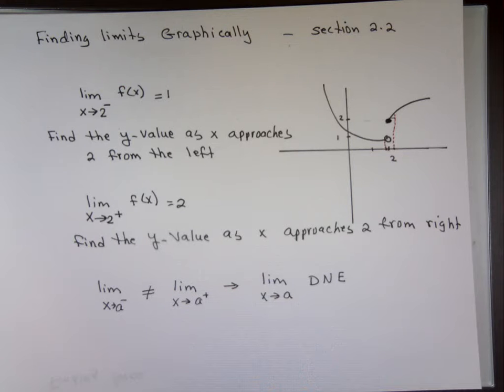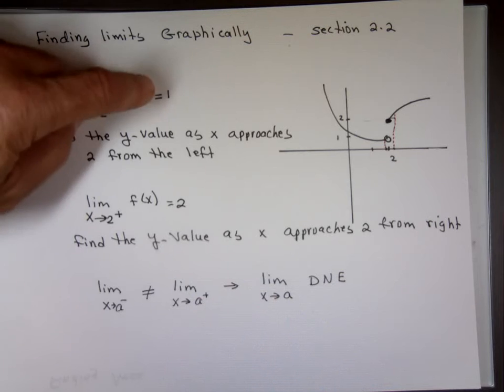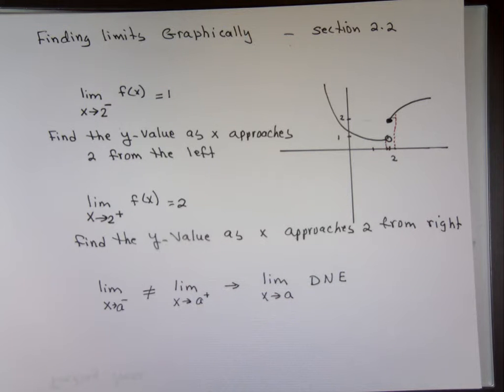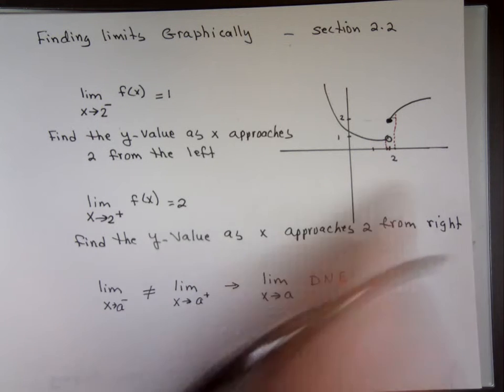So the limit has to be there and the numbers have to be the same for it to exist. If the limit from the left equals the limit from the right, yes, you have a limit and the value is that number. But if they're not equal to each other, the limit does not exist. So in this example, my limit does not exist because 1 does not equal 2, when I say the limit as x approaches 2.